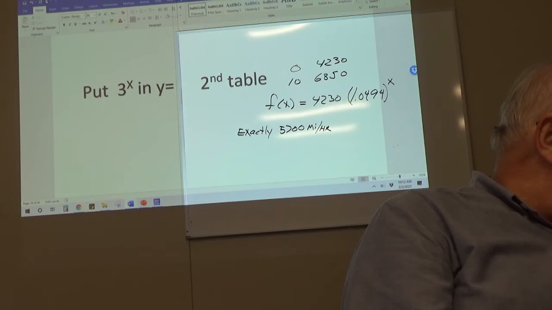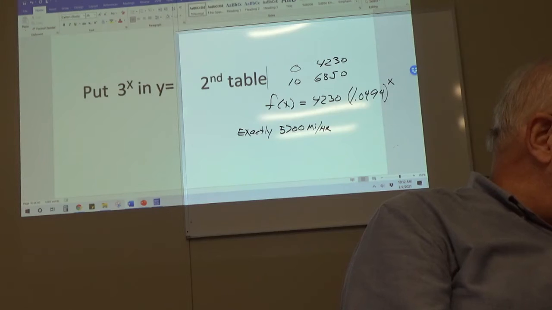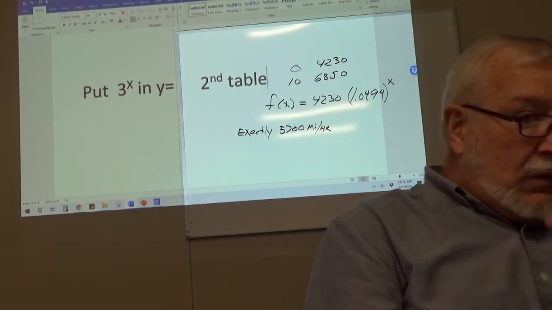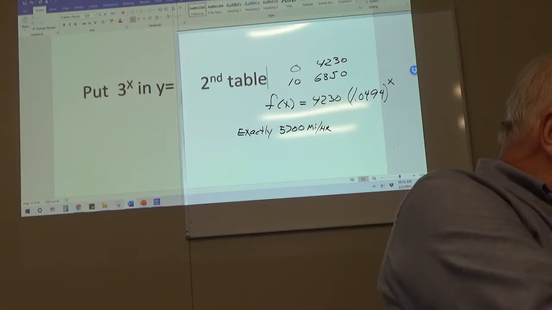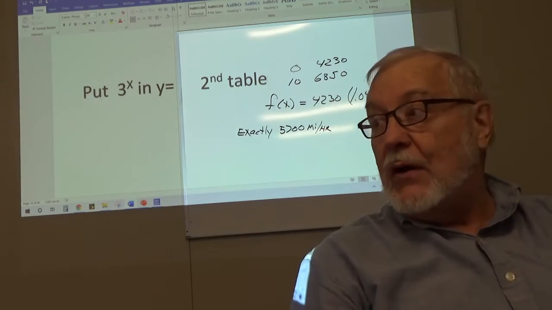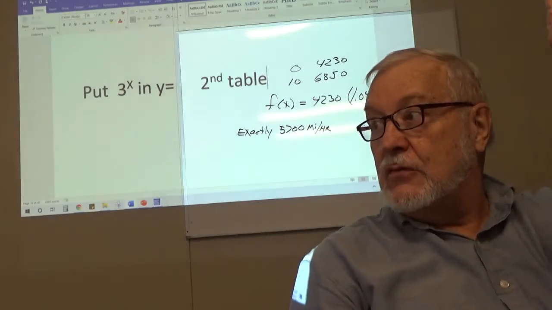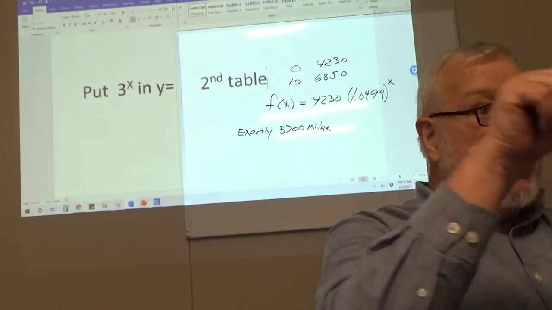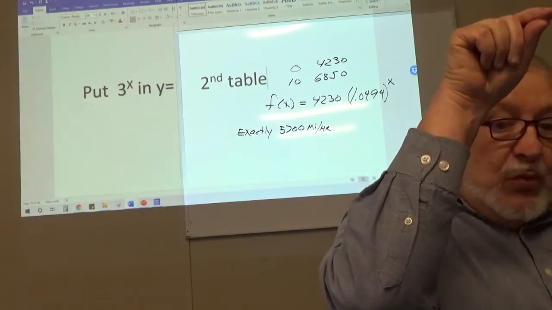All right, now, sketch the graph quickly of f of x equals 1.8 to the x power. What happens when x is 0? What is 1.8 to the 0 power? 1. So therefore, (0, 1) is a point on the graph.